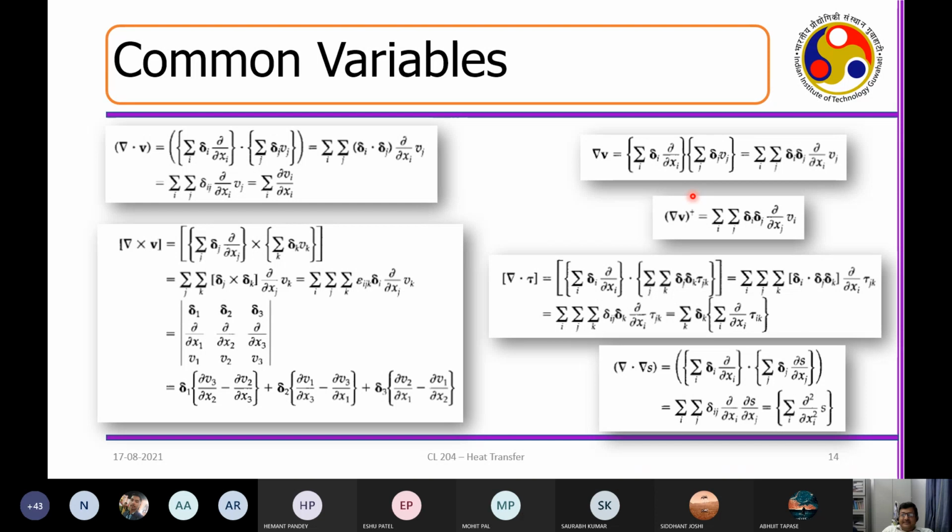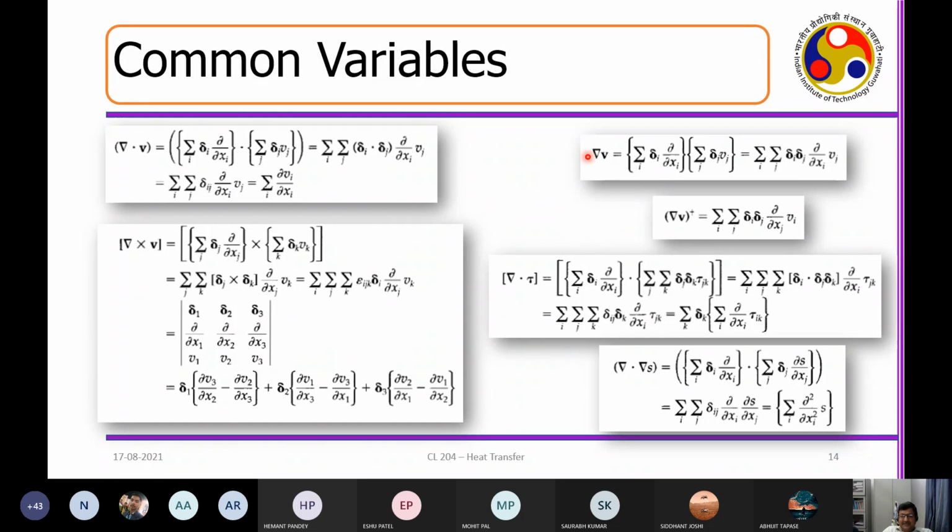This we have already discussed. Suppose I have a velocity vector v and I take a gradient of that. What should I get here? Tensor. Yes. Divergence leads to scalar, right? If I take a gradient, so del by del xi ei, vj ej, that means del vj by del xi ei ej, right?